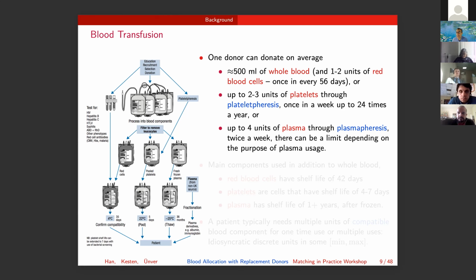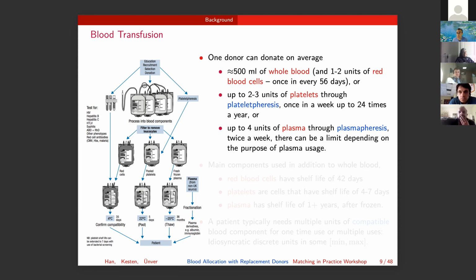But this is usually quite inadequate for platelets, which are also used for chemotherapy patients, for example, in cancer treatment, or blood clotting factors, and so you need much more. For platelets, for example, whole blood donation is not utilized.